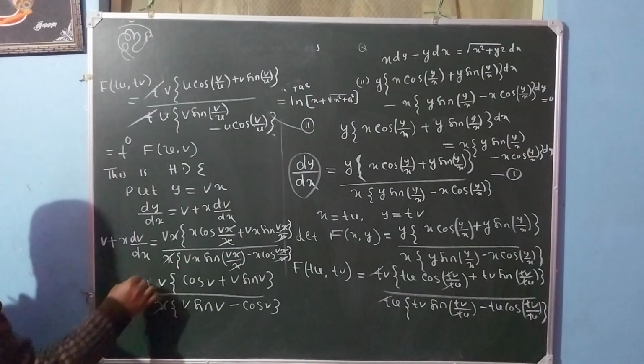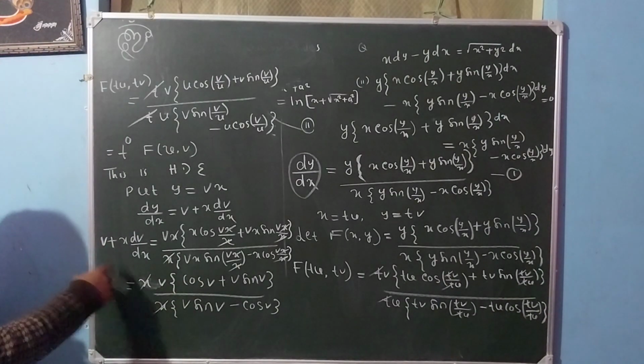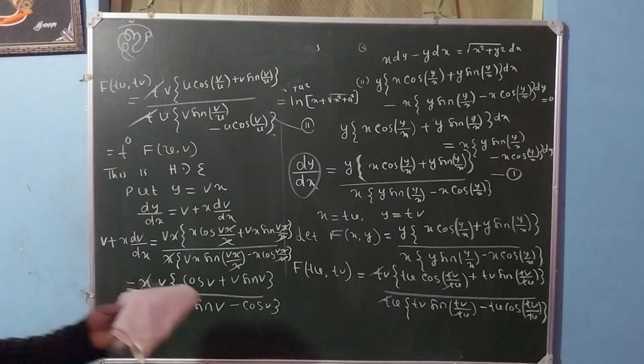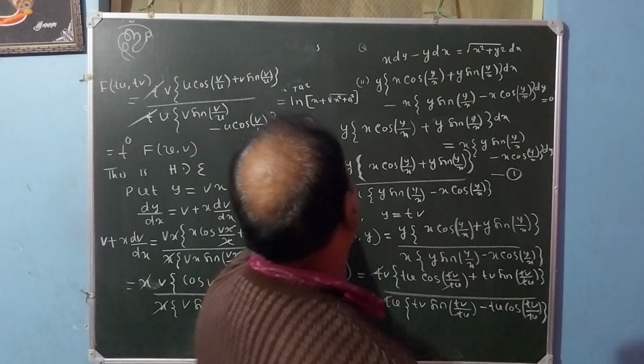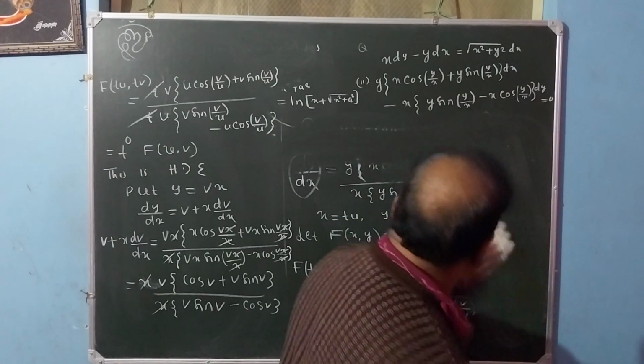So this cancels with this x. Now this v will go to that side.